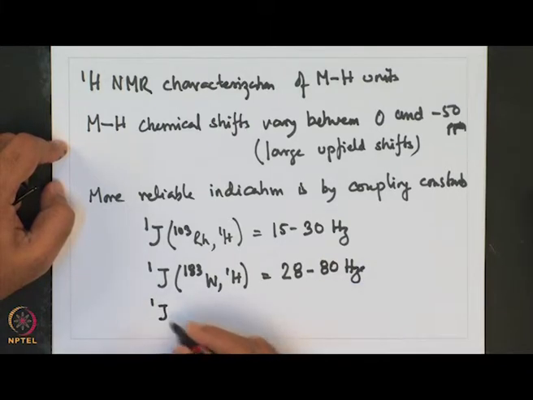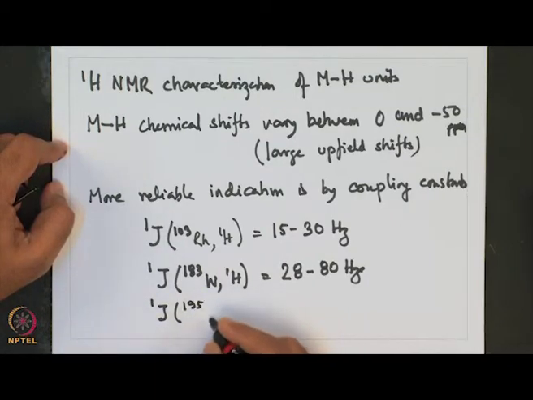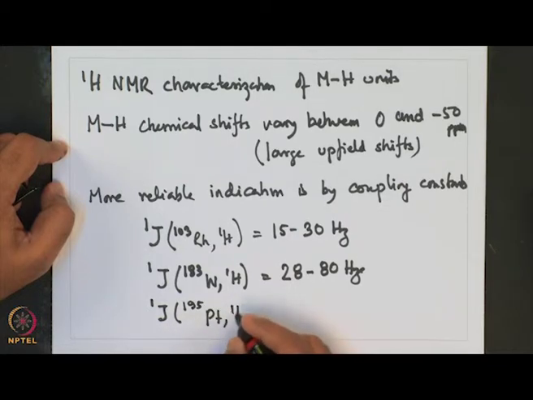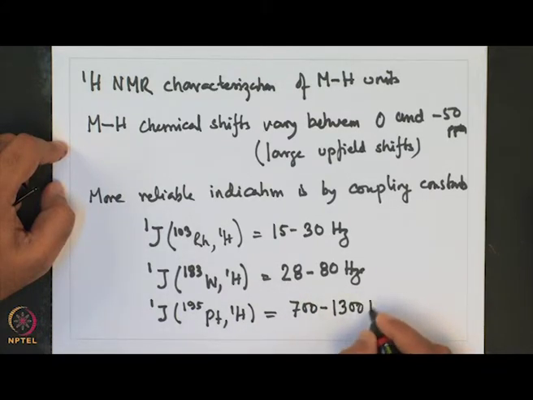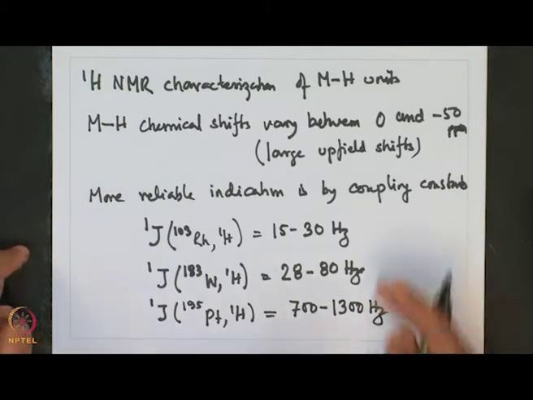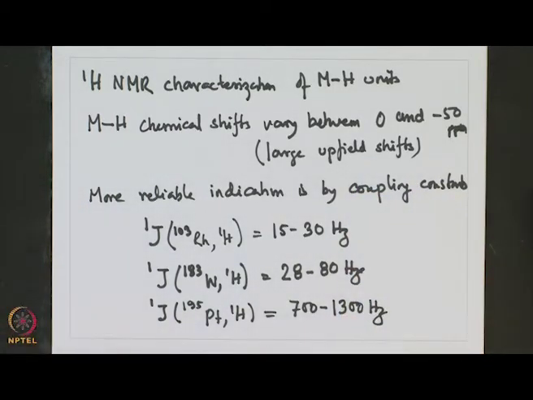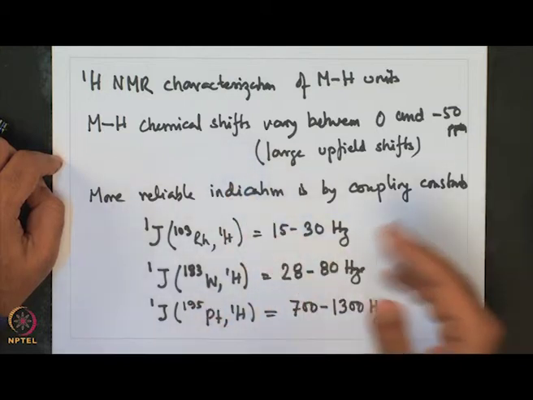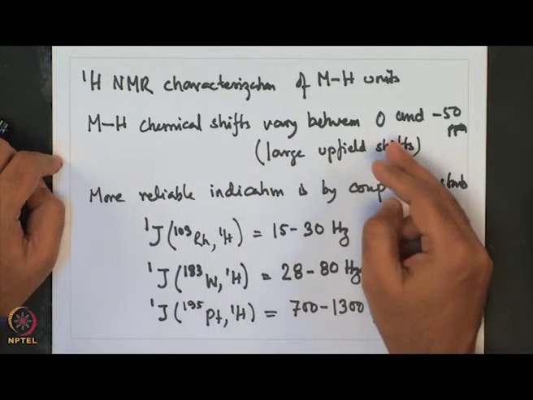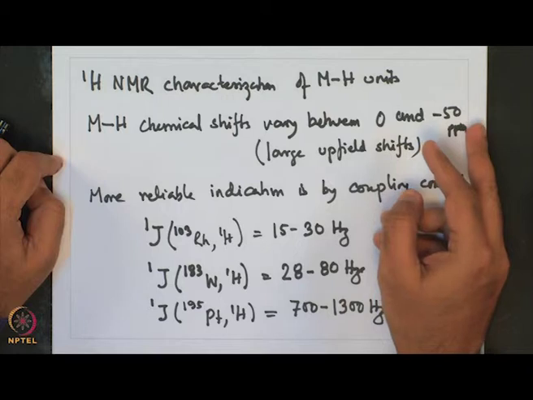and if the metal is platinum, then this coupling is even larger, 700 to 1300 Hertz. So, proton NMR provides a very useful characterization for this metal hydride moiety, not only by chemical shift, because it is highly upfield shifted and can appear between 0 to minus 50 ppm.